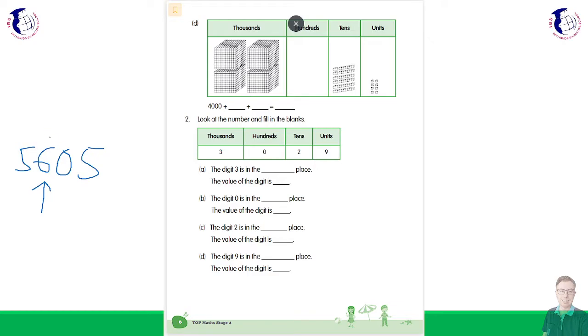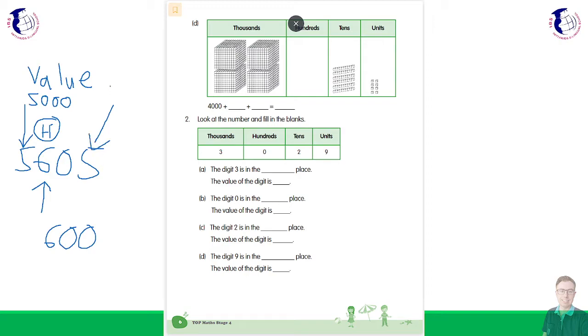Because it's in the hundreds place value, the value of it is going to be 600. Not 6, 600. And the value of the 5 here, because it's in the thousands place value, the value would be 5,000. And then the value of this one here would just be 5, because it's in the ones place value.